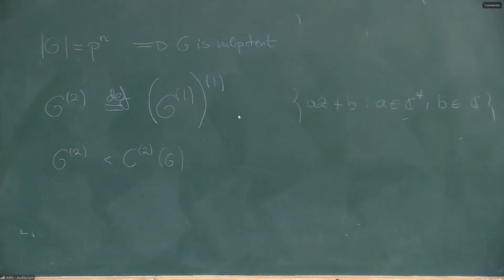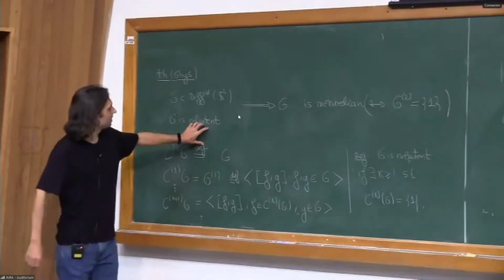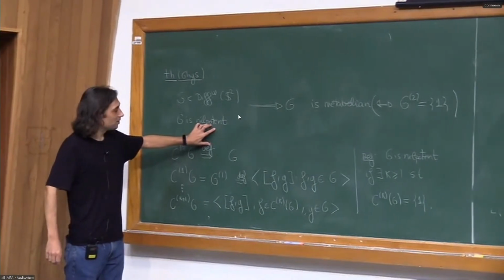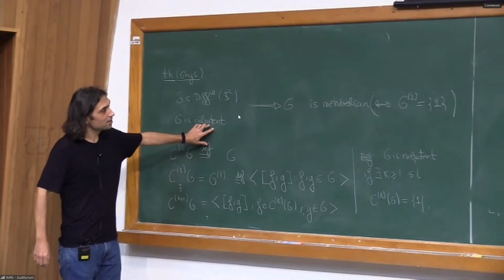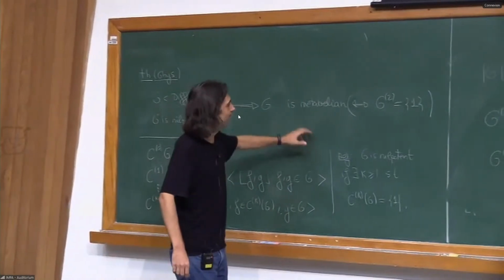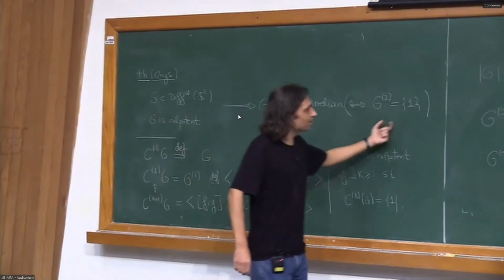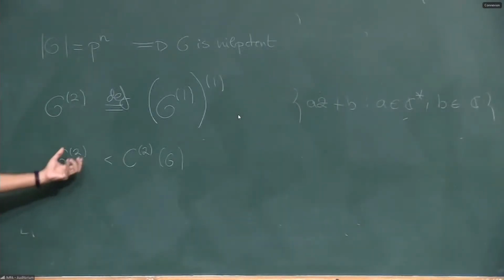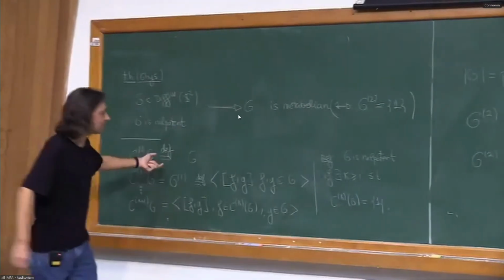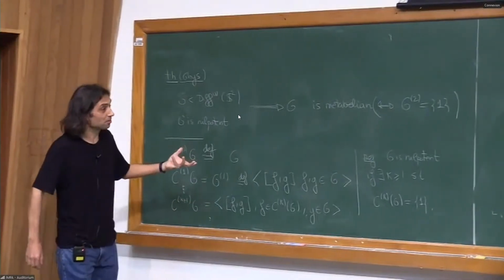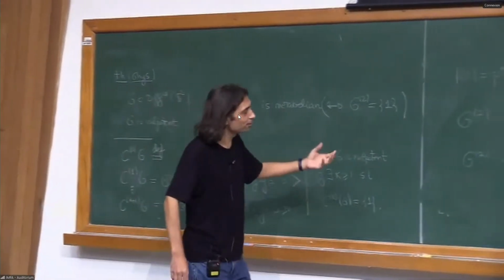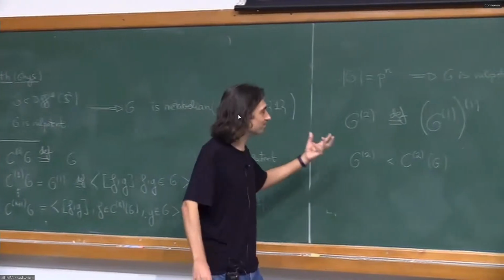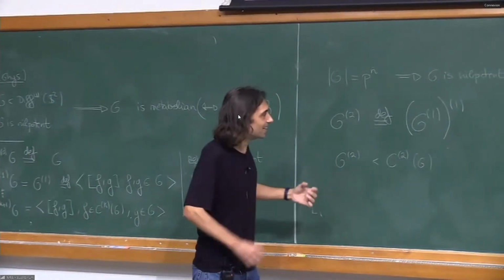So no, the other implication is not true. Here we are considering the descending central series, and we are deducing something for another series. But the information that the descending central series gives you is very strong. We are going to see tomorrow.